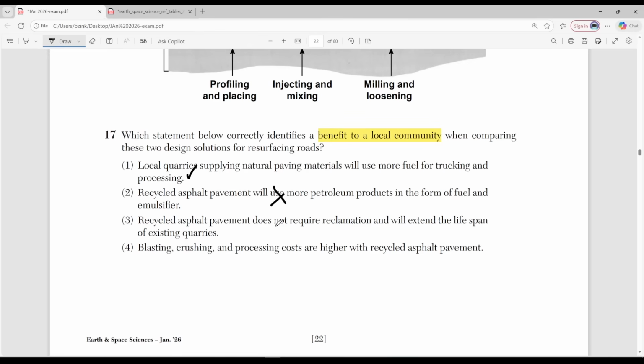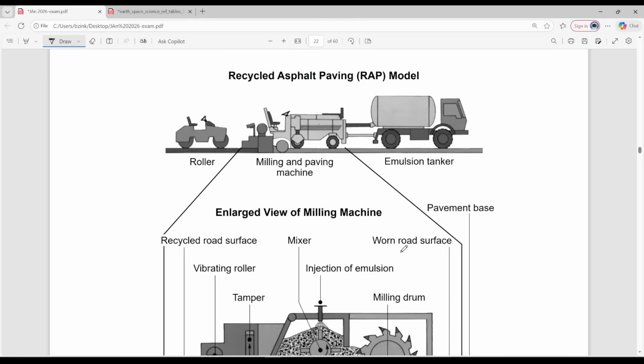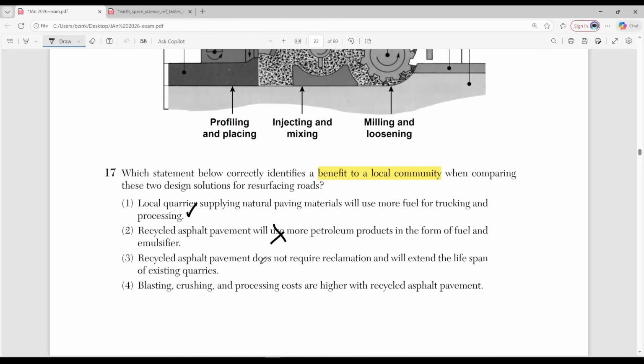Recycled pavement does not require reclamation. That can't be true. Everything should require reclamation at some point. Will extend the life of existing quarries. Oh, look, reclamation is not required. So this is possibly right. Will extend the life of existing quarries. Okay, maybe.